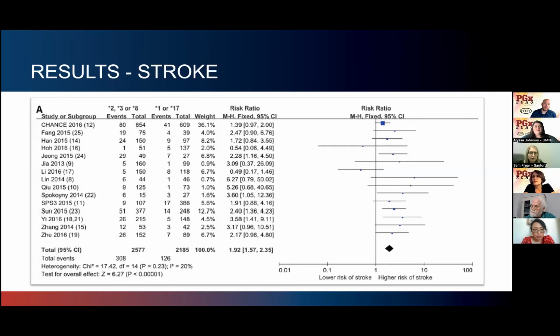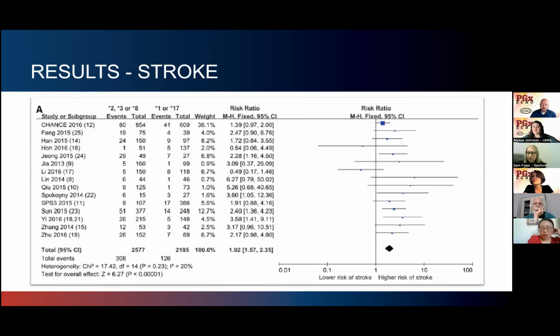And then this data here is just demonstrating all of those studies that went into the primary efficacy outcome there of the stroke, pointing out specifically this CHANCE 2016, the very first study listed there, showing that it had a high weight within this study, making up about a little over 30% of the data here.